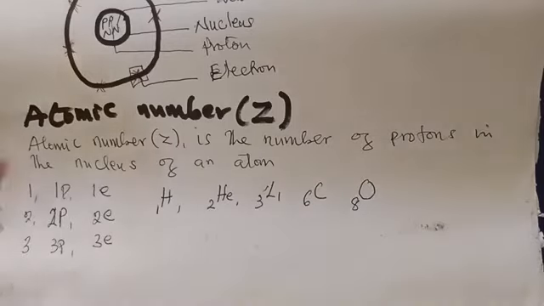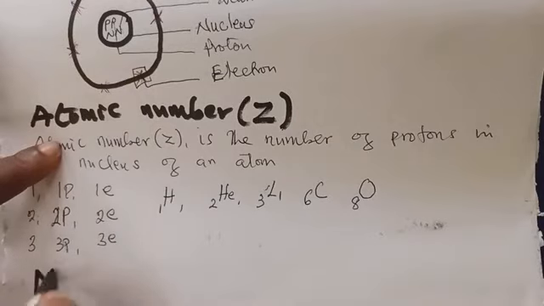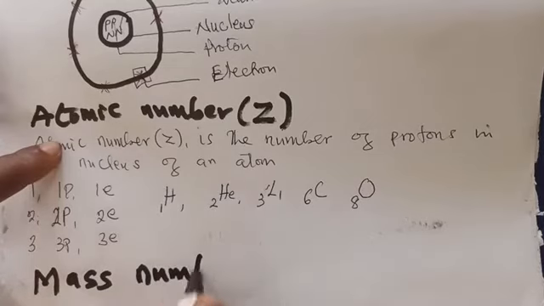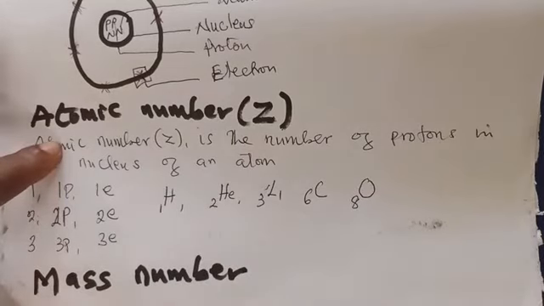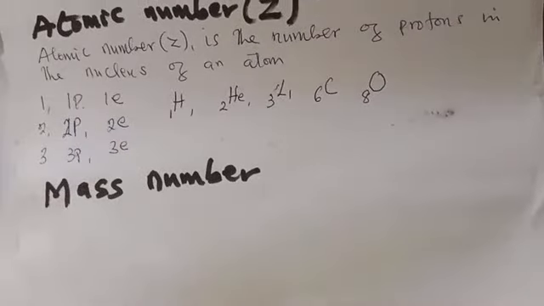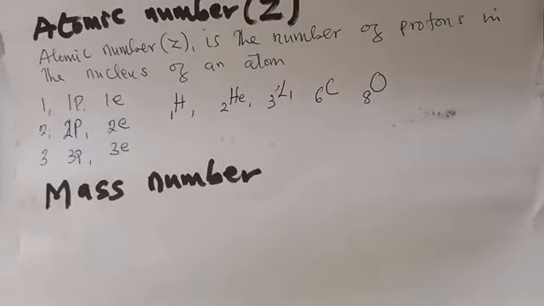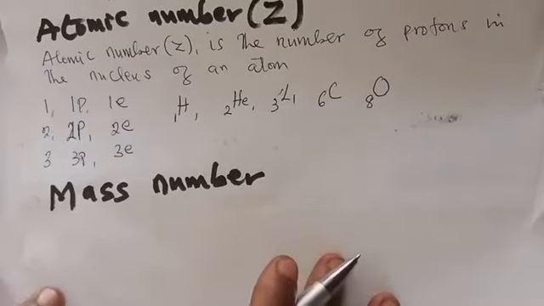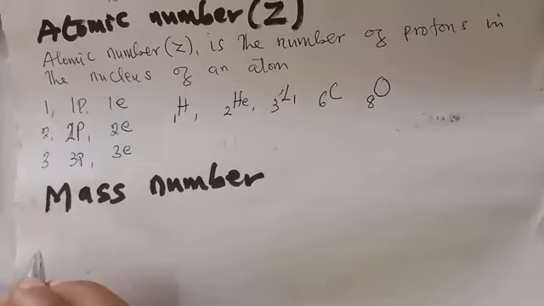Now, mass number. What is mass number? Mass number simply is like the sum of the particles that make up the mass of the atom.